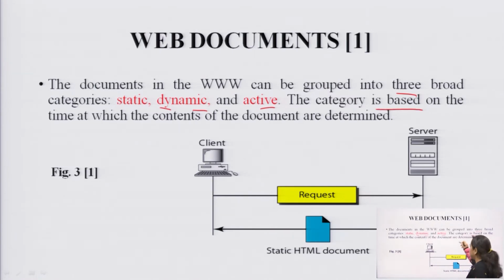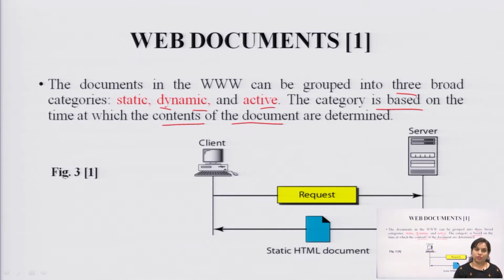Now, the category is based on the time at which the contents of the document are determined. Whenever you are accessing any web page, you are accessing a web document. Like, I want to check the syllabus from the university AKTU, then I have to go to that particular website, select the academics, scroll down the page, then the syllabus will be shown, and then I have to select the year, and then whether I want to check the syllabus of BTech or every different branch will be there.